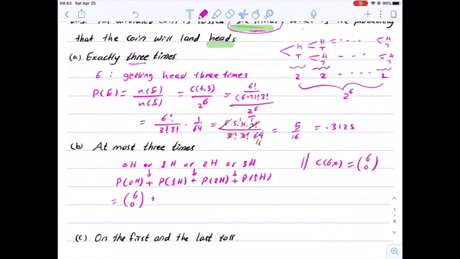Those are the same, just notation, so we can use either one. Let me use the letter C. So this is C(6,0), this is C(6,1), this is C(6,2), and this is C(6,3).